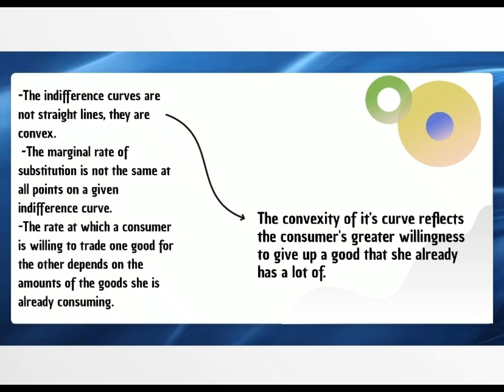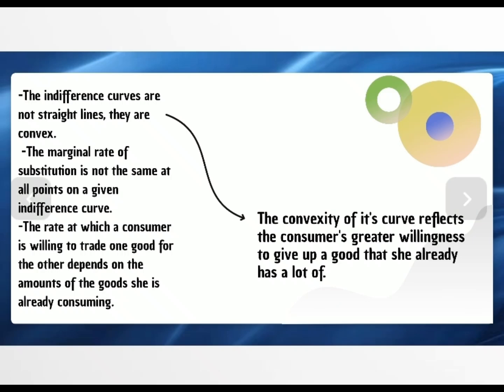As I said before, they are not straight, so this marginal rate of substitution is not the same at all points on a given indifference curve. The rate at which a consumer is willing to trade one good for the other depends on the amount of the good that she is already consuming.